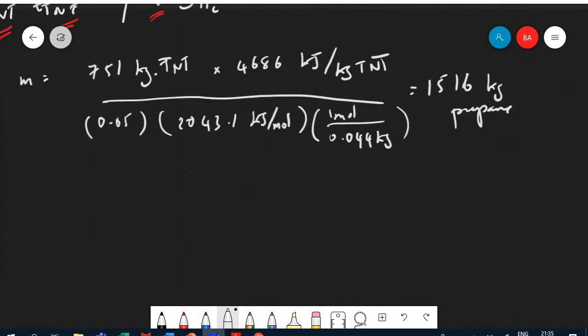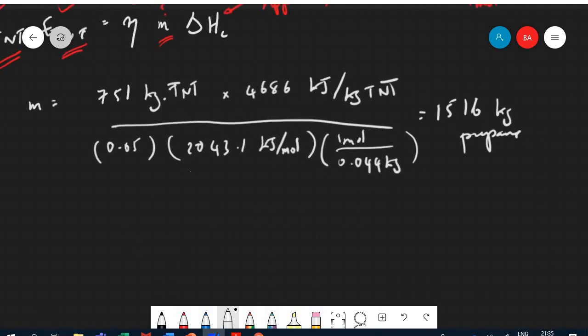Of course, I already selected nu to be 0.05, but if you have a different efficiency, the results are going to be different. If it is higher than 0.05, this mass will be lower.